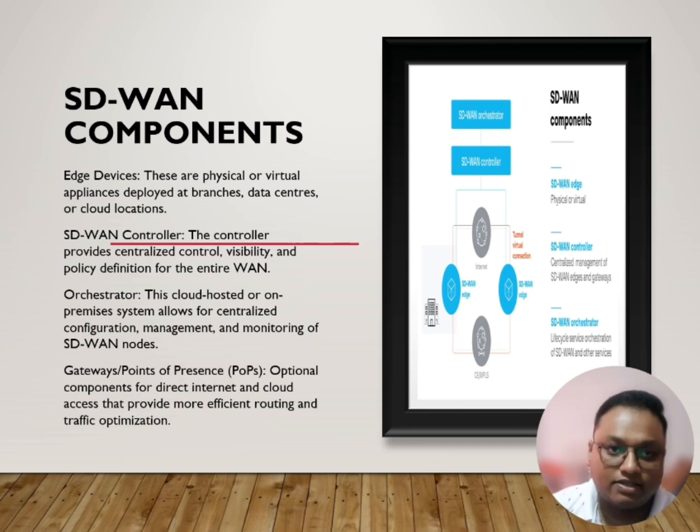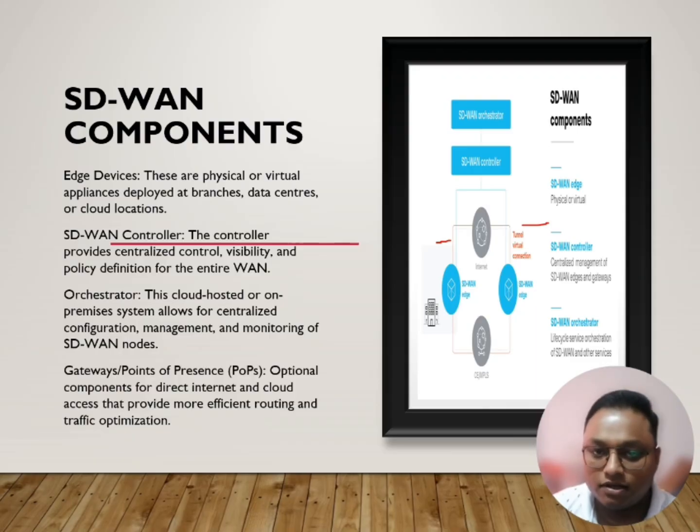Now in this picture, as you can see, we have orange lines, let me just mark them here. These orange lines show the tunnels and virtual connections. These are the encrypted overlay tunnels that connect SD-WAN edges across the internet or MPLS.